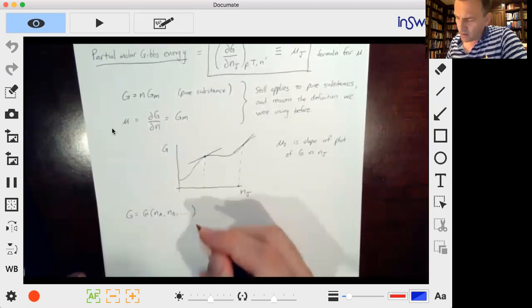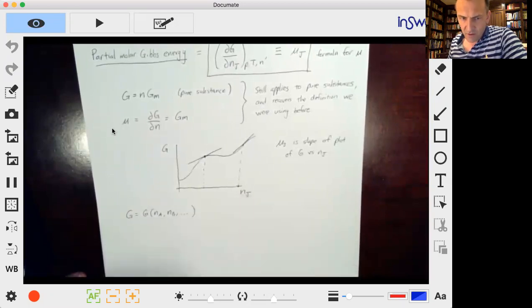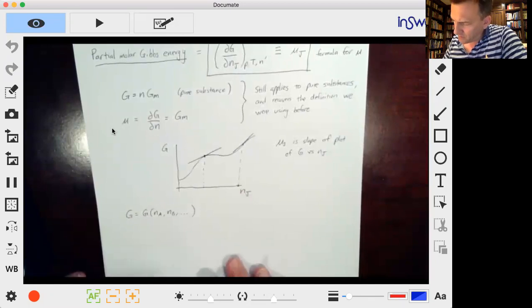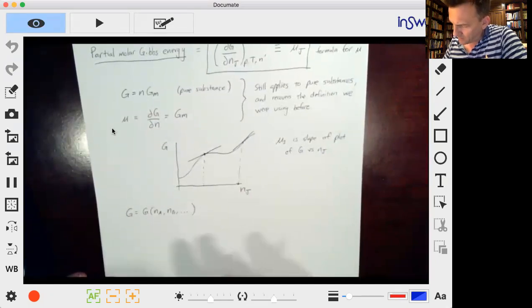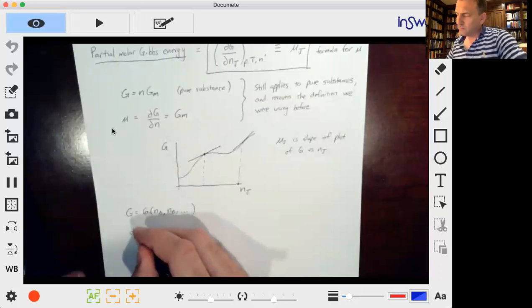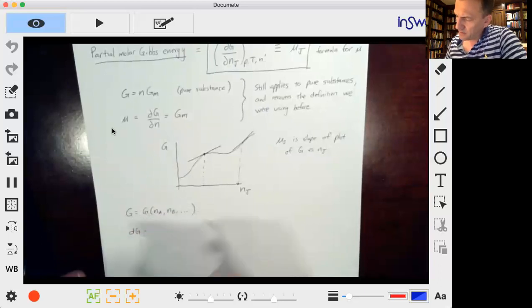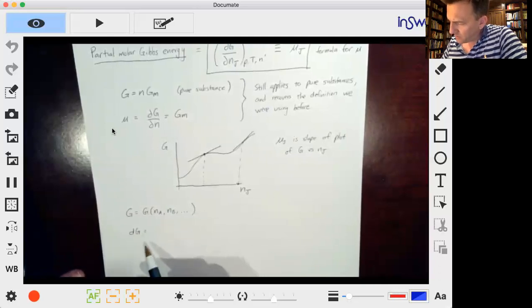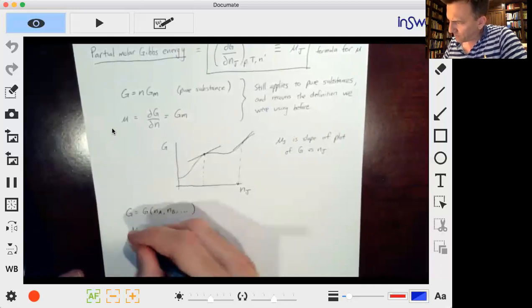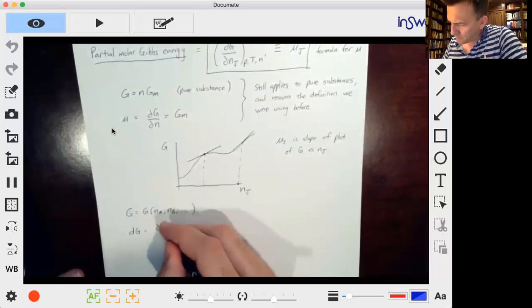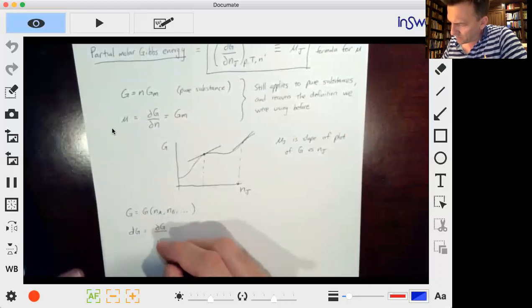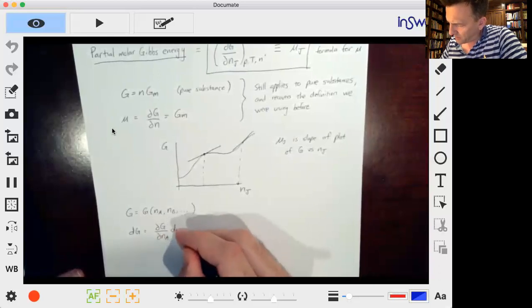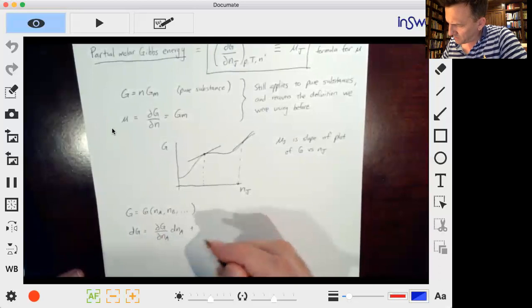If those are the variables that G depends on, then we can again use this chain rule like formula to write dG. And dG will equal the derivative of G with respect to N_A times dN_A plus the derivative of G with respect to N_B, dN_B, plus, and so on.